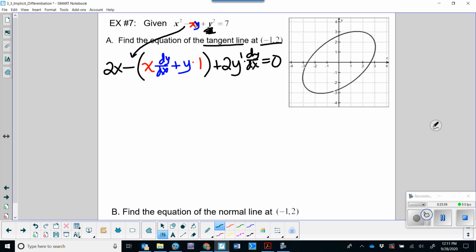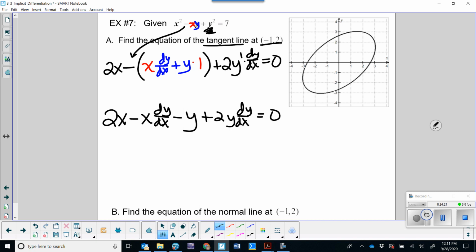So we're going to combine some terms and move some things. I'm going to move down a little bit so I'm below that graph. So I have 2x, I have minus x dy dx minus y plus 2y dy dx equals 0.